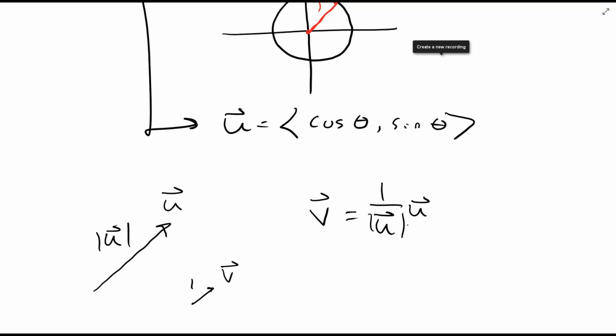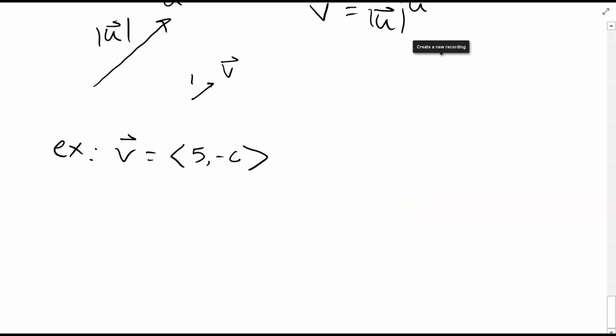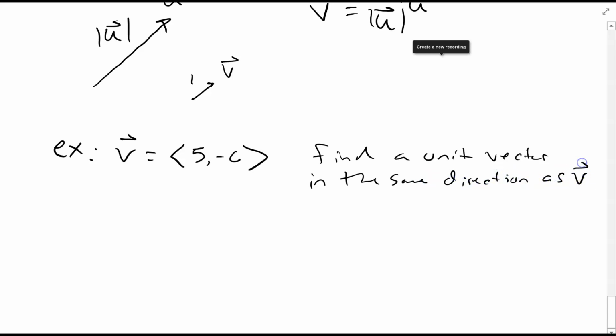So let's look at a quick little example of doing this. Let's say that v is (5, negative 6), and I want to find the unit vector in the same direction as v. I'm just going to call this unit vector u.